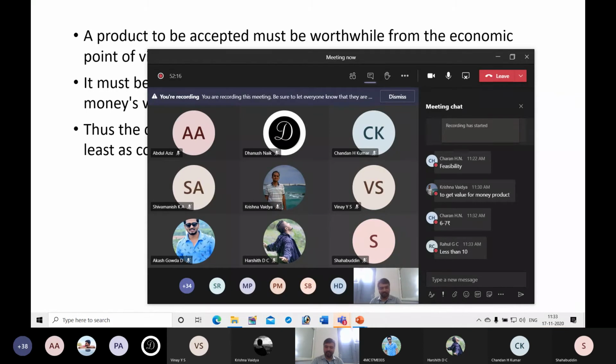So if you want to sell it for 10 rupees, you must be able to manufacture it for 2 or 3 rupees. If the manufacturing cost is 2 to 3 rupees, then you can sell it at 10 rupees, because there are a lot of activities involved in selling that pen.